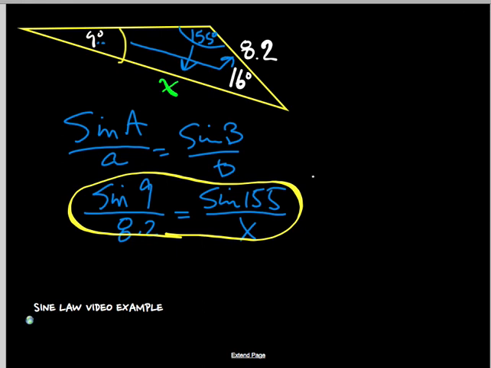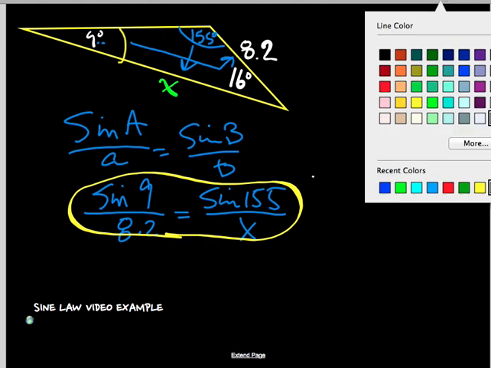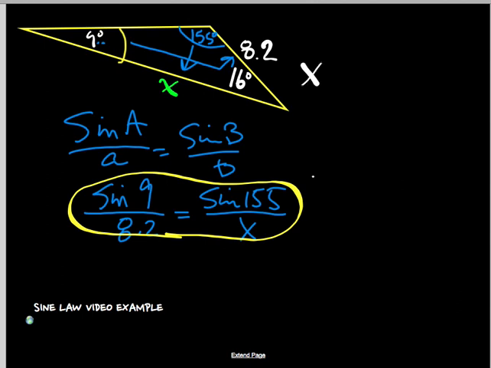So I'm just going to do my work up here so I've got some room. Cross multiply here.